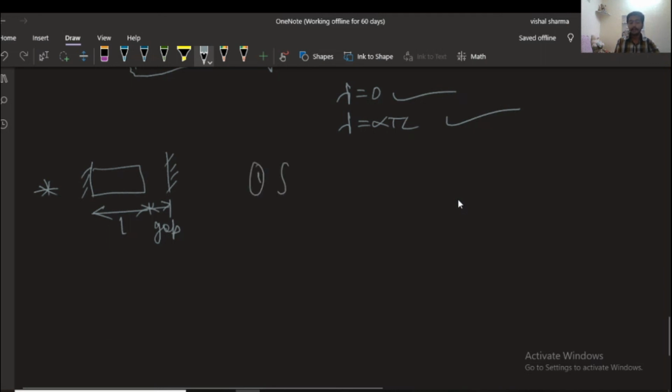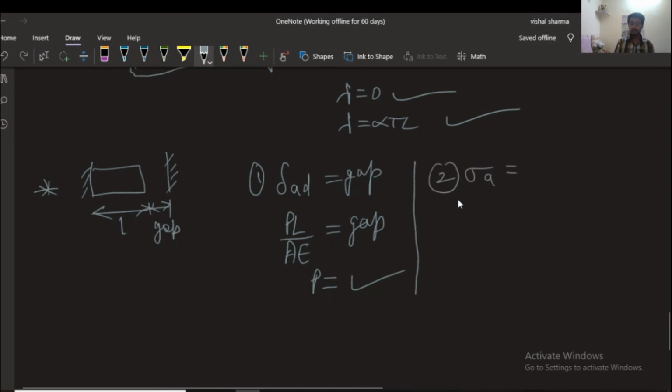So first is the strain. Directly, the strain will be equal to the gap. So PL by AE, taking the change in length, we can say the strain is equal to the gap, and find the value of P. Then use this force to calculate the mechanical stress, load by area. And the third step, find the thermal stress by the formula alpha TE.